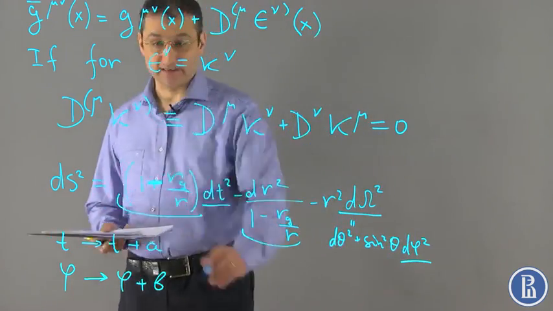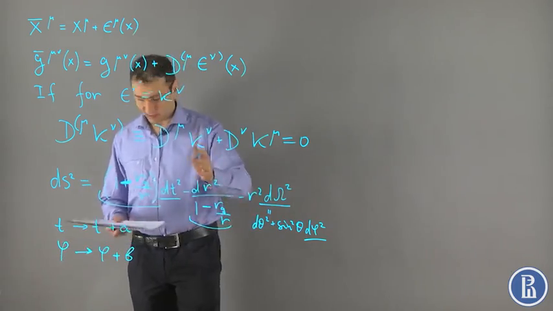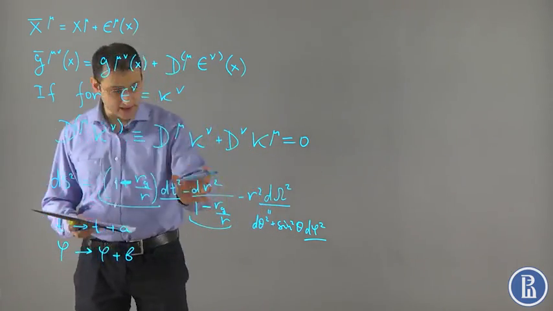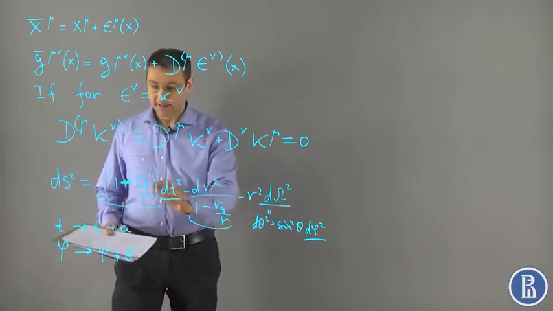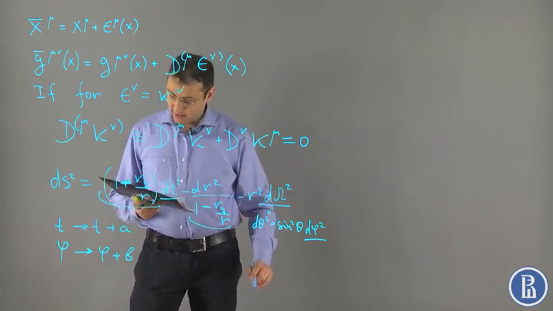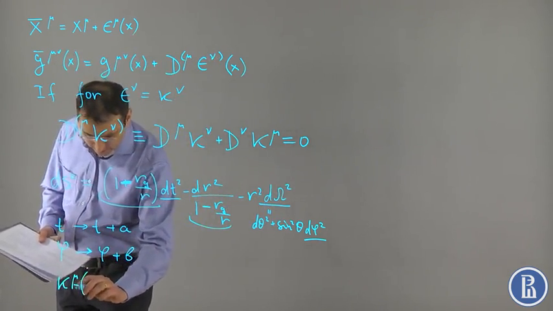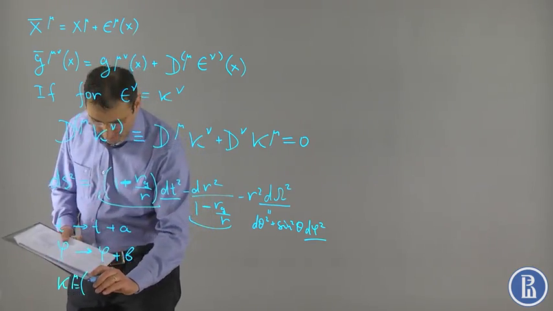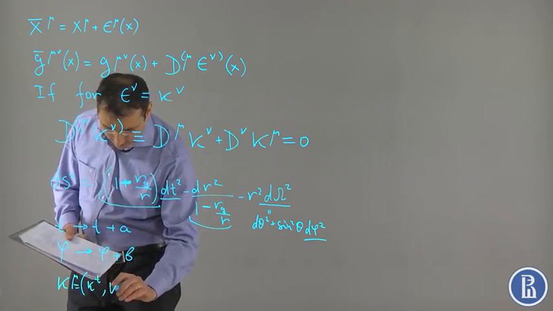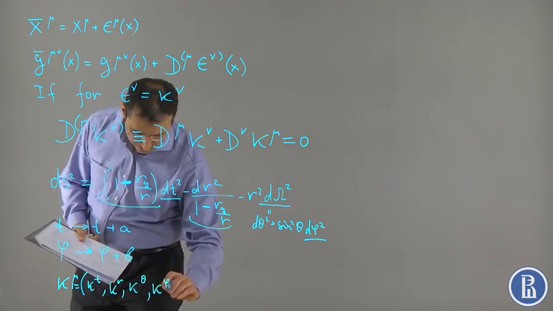These are exactly the Killing vectors, which I explained in a different way just by looking at the metric. So they are seen explicitly in this metric. So at least we have these Killing vectors, with components k mu equal to kt, kr, k theta, and k phi.